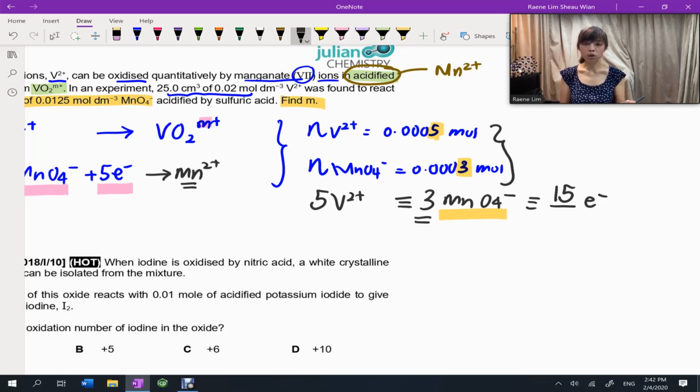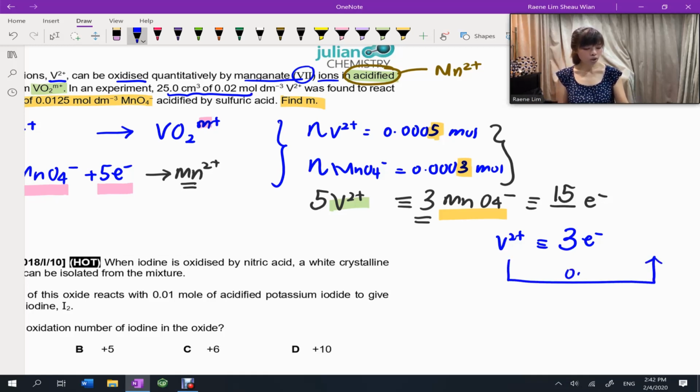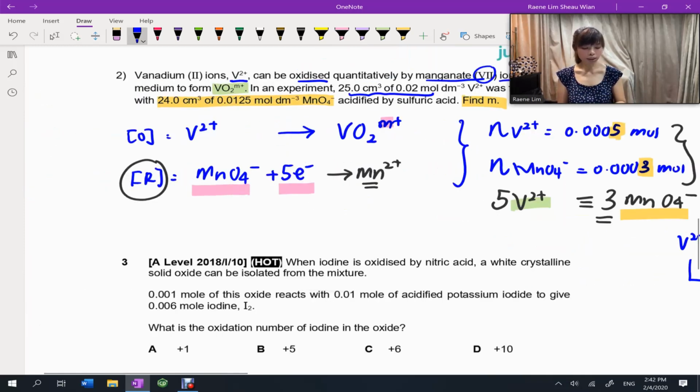Now this is the most crucial part. What you need to do next is to find out how many units of vanadium 2+ are proportional to how many units of electrons. So you have a total of 1:3, right? 1:3 also means that the oxidation number must increase by 3 units, because this is oxidation.